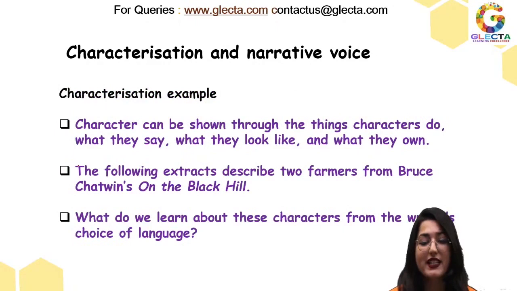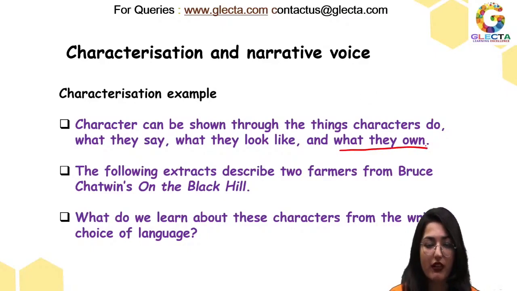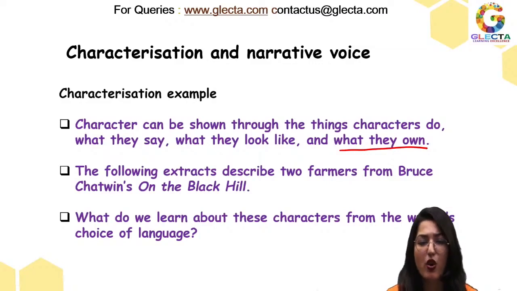Now, a characterization example. Characters can be shown through what they say, what they look like, and what they own. Suppose we talk about Arthur Birling from An Inspector Calls: he is upper middle class, because of the luxuries he has.